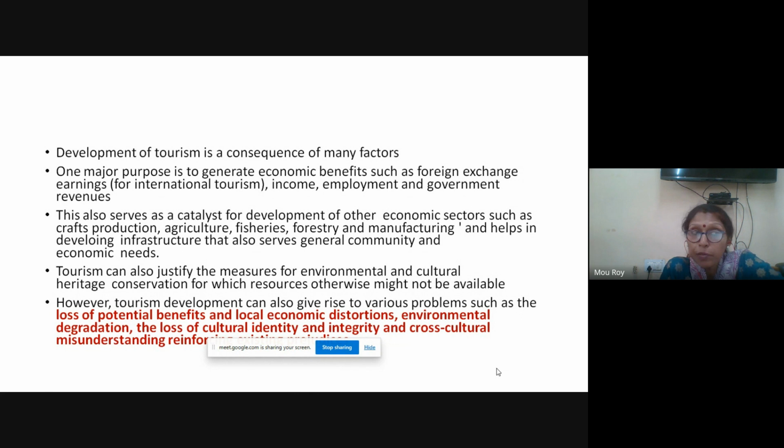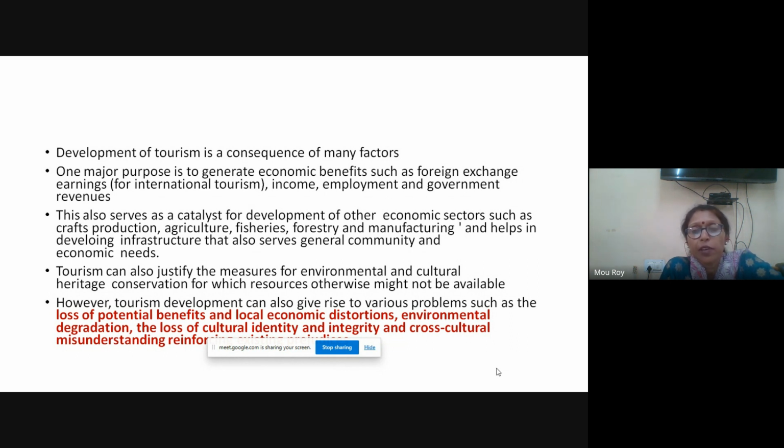So we are talking about tourism development. So we are talking about development basically. Okay. So the country is developing, but you have to ensure it is not at the cost of degrading the environment, not at the cost of having a negative impact on the nature.